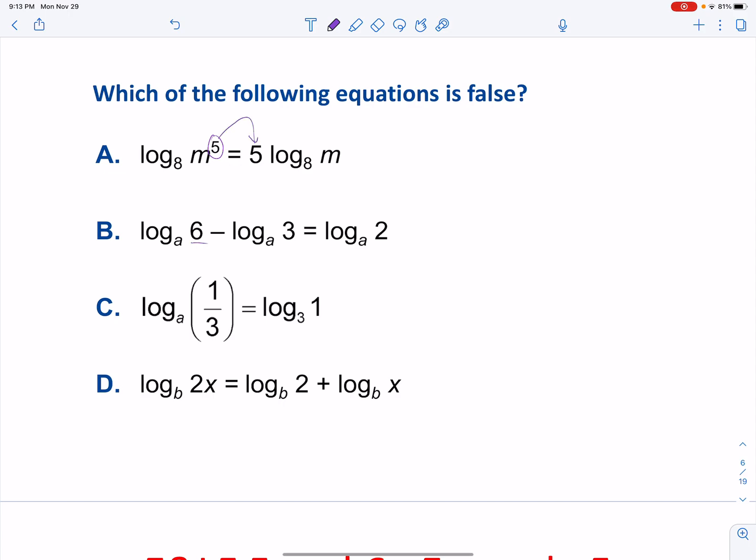On this one, is 6 divided by 3, 2. Yep, so that one's true. And if I look at the next one, wouldn't this have to be the log? It rewrote it and took the A out. I don't think so. I think it's C. But the ACT likes to throw weird things at you, so I would just check D quick. This was multiplication, and I split it by addition, so my answer is C.